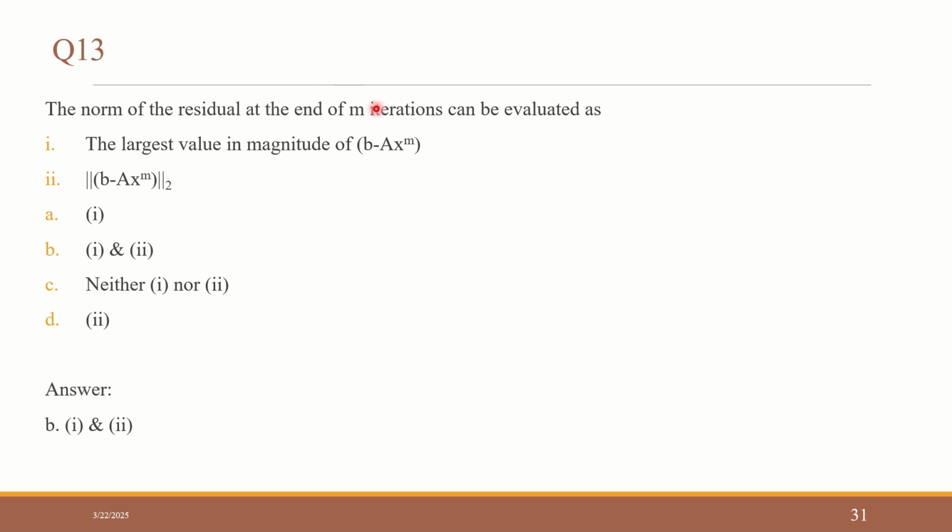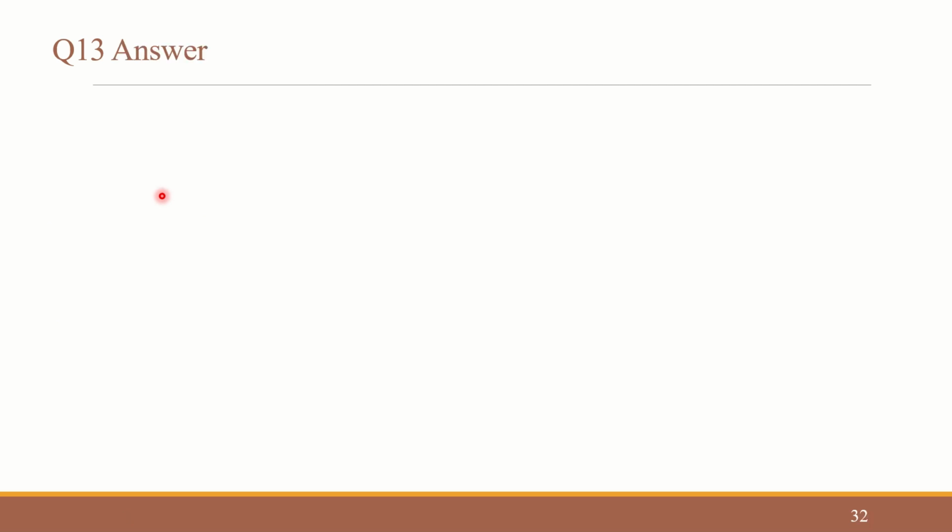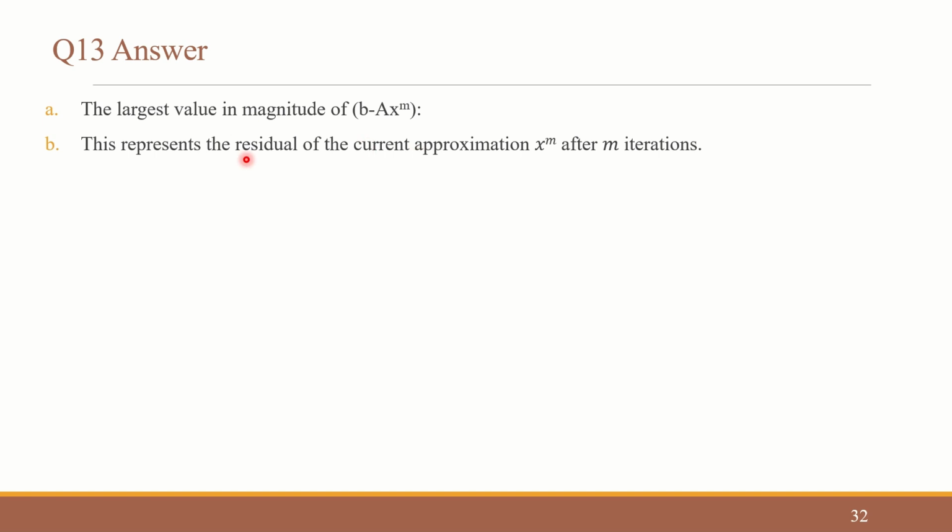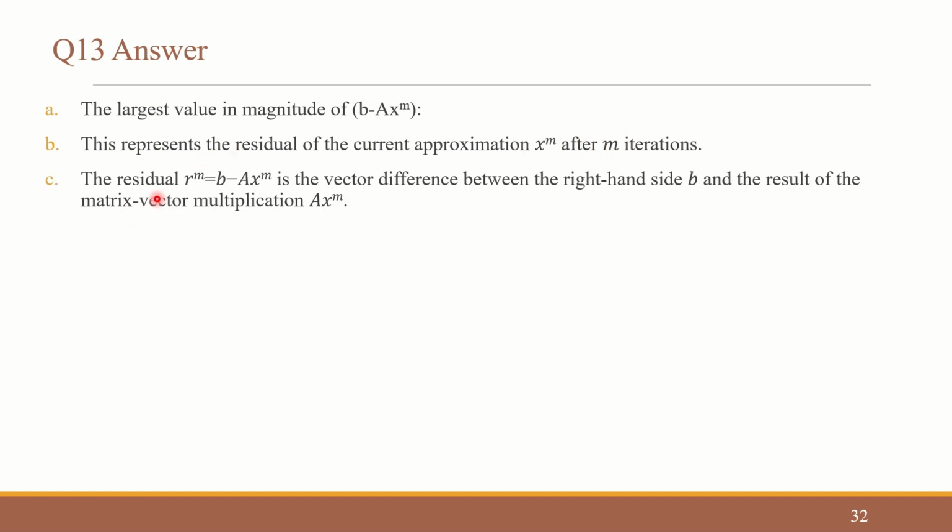The norm of the residual at the end of m iterations can be evaluated using two approaches. We will see how in the next slide. So, the largest value in the magnitude of b minus Ax at m. This is a residual. This represents the residual for the current approximation xm after m iterations. The residual Rm is equal to b minus Axm.